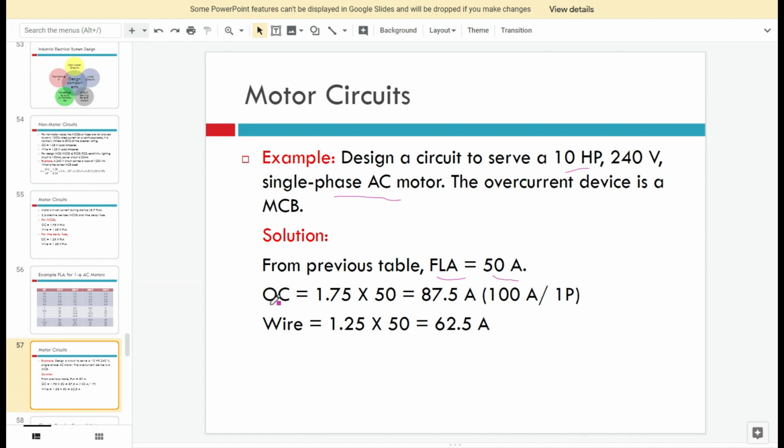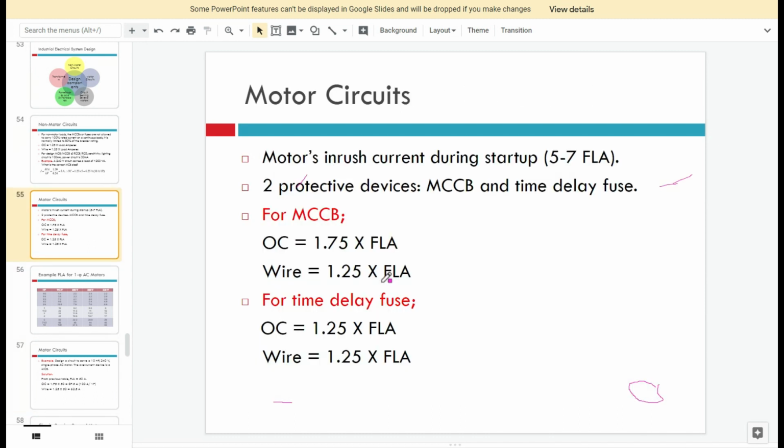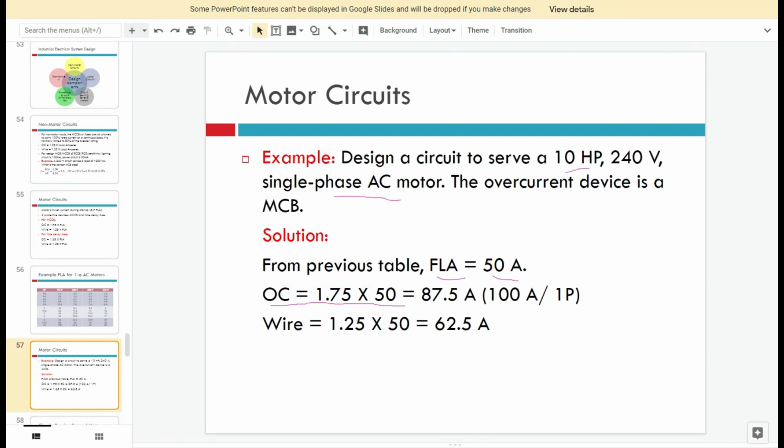And then for the overcurrent, we have to use the previous equation, this one. So 1.75 times 50, you get 87.5 amperes. If we refer to the catalog from the supplier, there is no circuit breaker for 87.5, so approximately we choose 100 amps single pole.